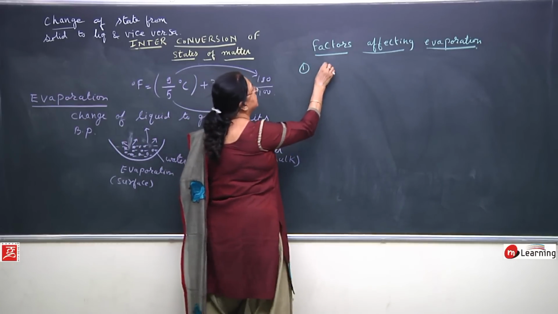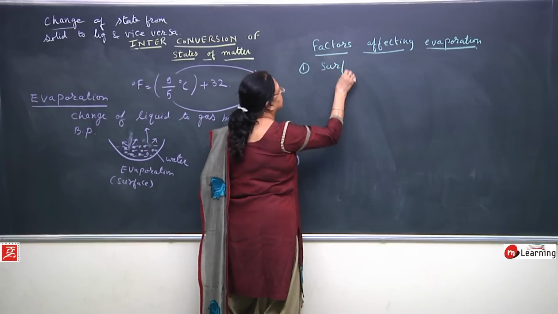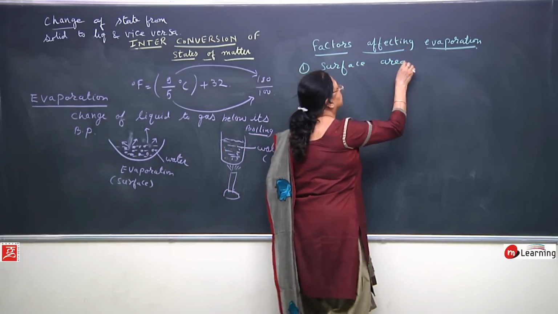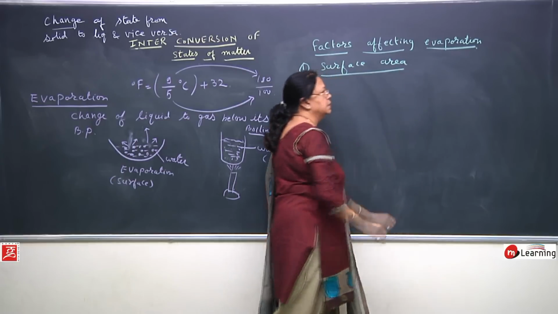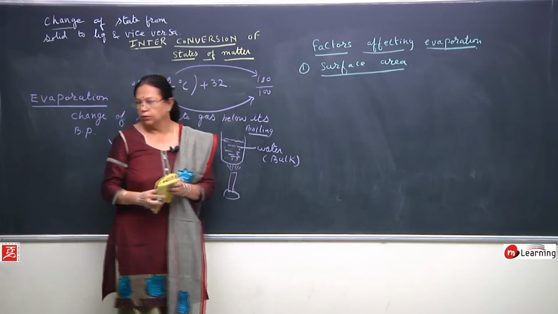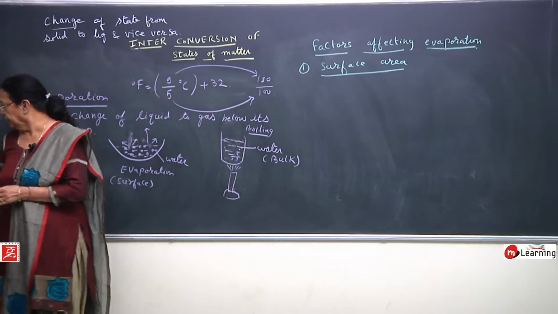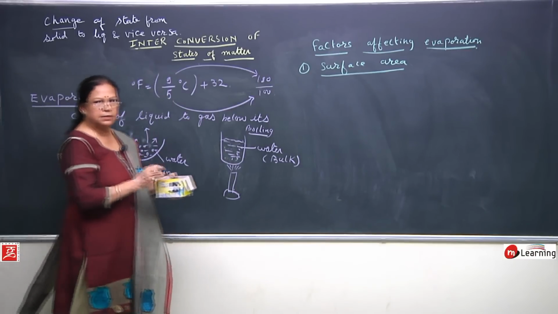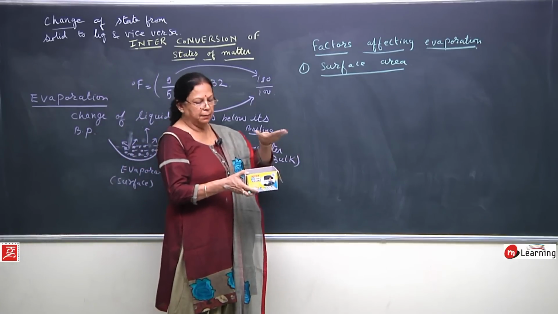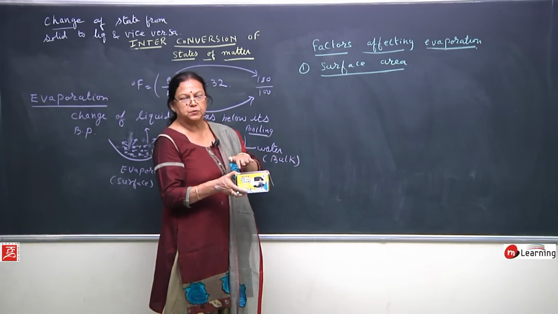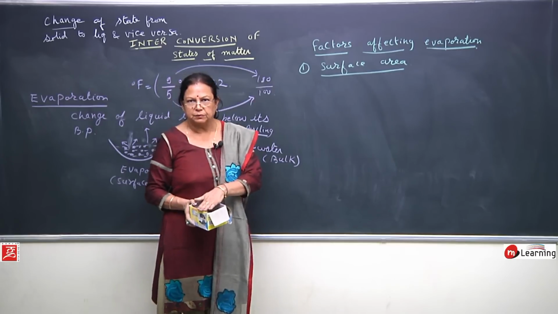First factor is surface area. Surface area means, if you keep water in an open container, say this is a container and I am keeping water in this, the surface area exposed will be this much.